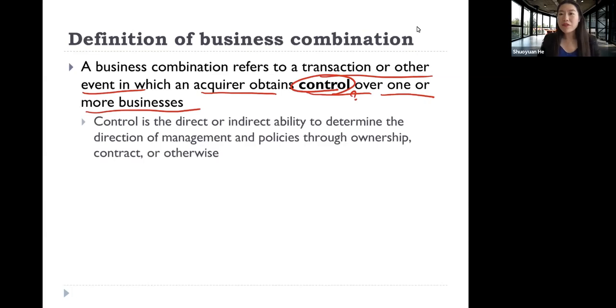The definition of control is the direct or indirect ability to determine the direction of management and policies through ownership, contract, or otherwise. So as you can see here, a firm may obtain control through ownership, but it can also obtain control through some other methods like contract. And then a special purpose entity is another example of controlling without ownership.